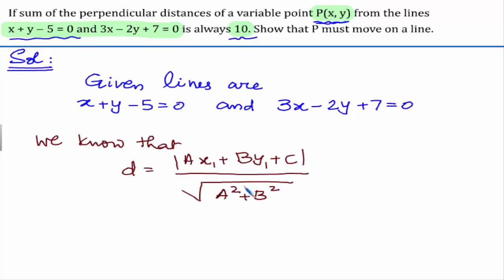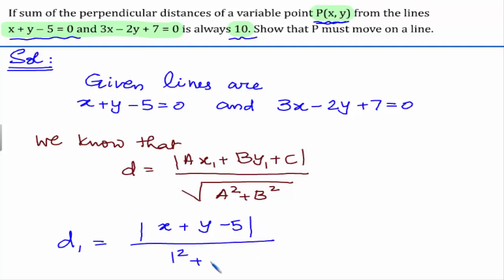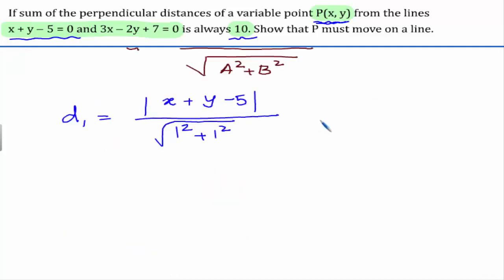Now let us find the distance between this point and the first line. We know that the distance formula is modulus of ax1 plus by1 plus c by square root of a square plus b square. Now the distance between the point P(x, y) and the first line is modulus of x plus y, because the coefficients are 1, 1 each here, minus 5, by square root of 1 square plus 1 square, and similarly we will find d2.